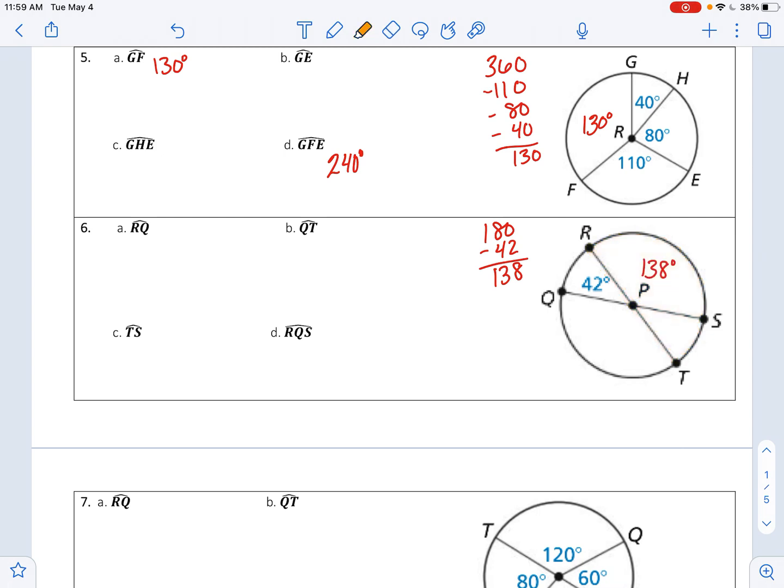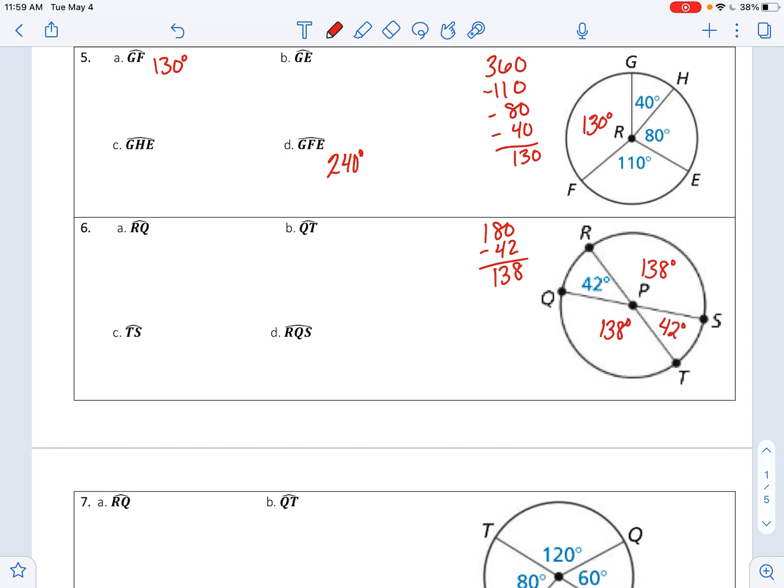Or if you notice the vertical angles right across from each other, that's a less surefire way to find these, but if they are vertical, then you can use that to find out that the vertical angles right across from each other are going to be equal.